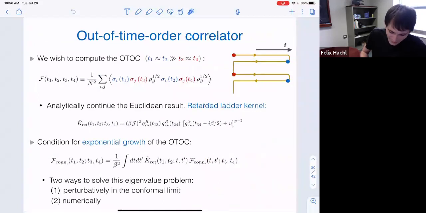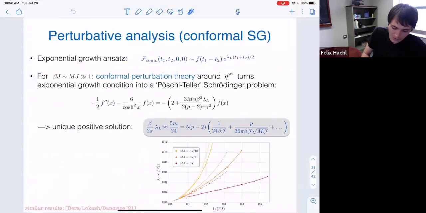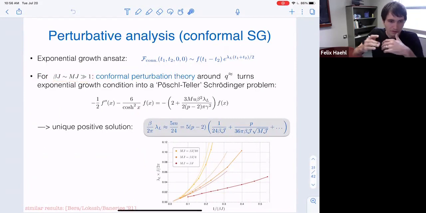The way you do that analytically is you make an ansatz for this 4-point function f, which exhibits exponential growth, where the Lyapunov exponent is a parameter in the ansatz that we need to determine. Now you consider the strong coupling limit where we have the approximate conformal solution, and you can write down this equation perturbatively.